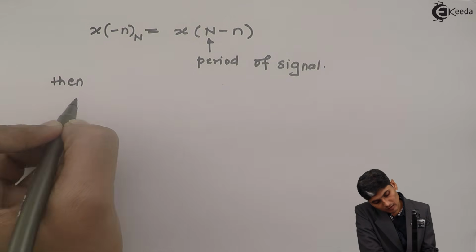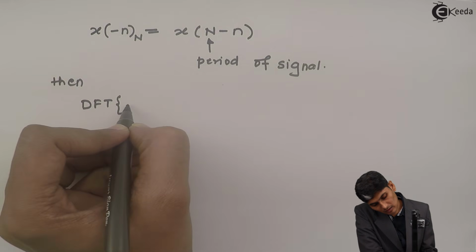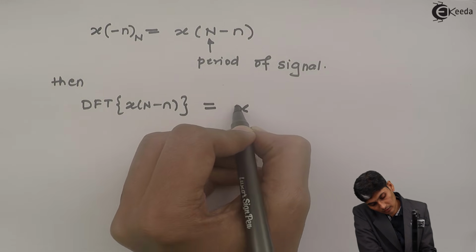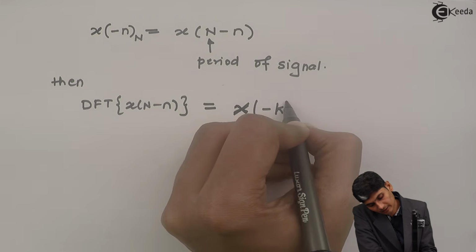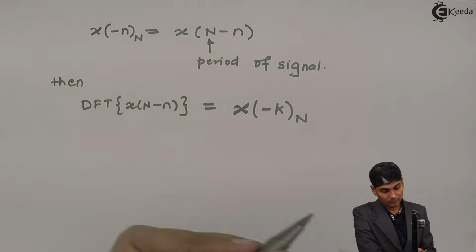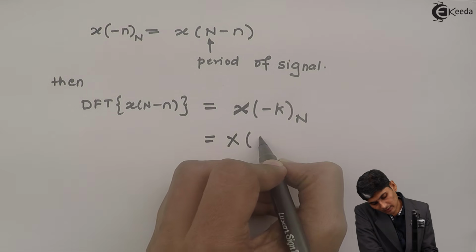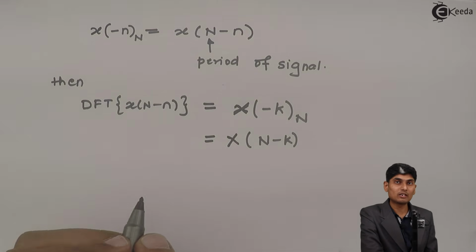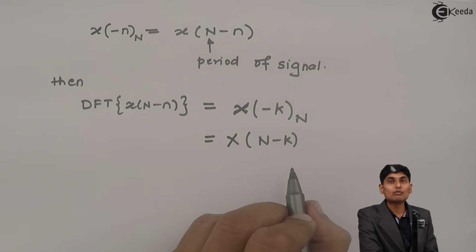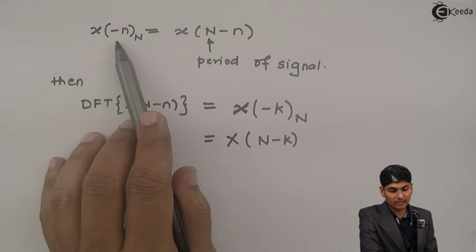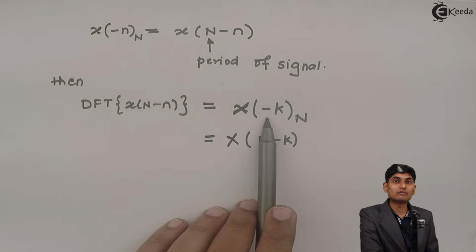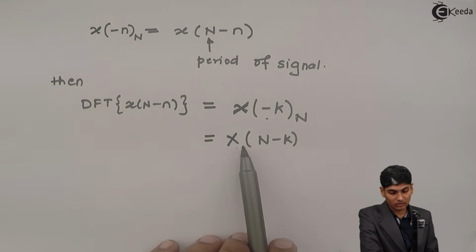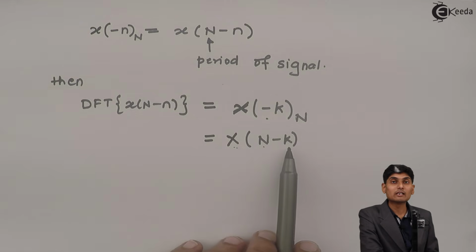Then the DFT of such a signal is x of minus k with period N, or I can write it as x of N minus k. That means if I fold a time sequence, then my frequency will also get folded. So reversing a signal in the time domain reverses the signal in the frequency domain also. So if I have the x of N minus n signal, then I will have the x of N minus k signal with me.